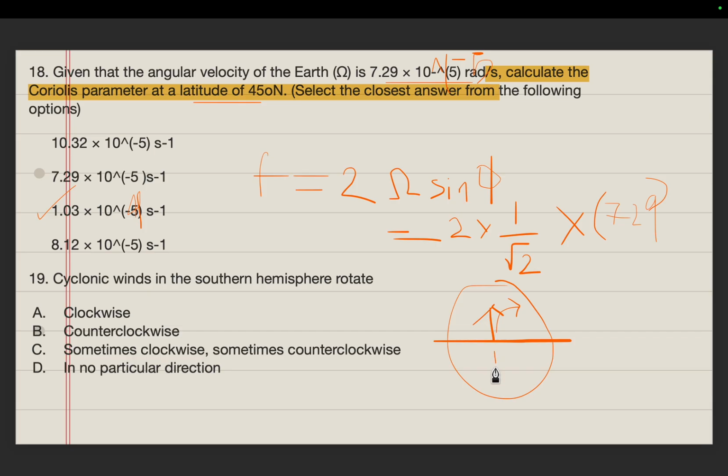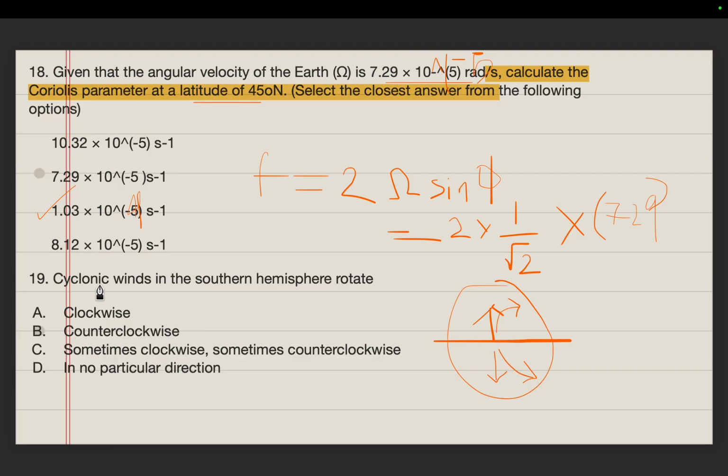And if it travels from the equator, this 0 degree latitude, to the polar region, then it moves to its left. So its left is this direction.